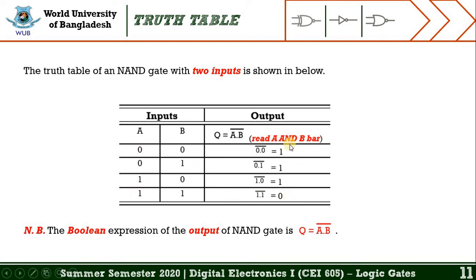When the two inputs are 0 0, we get 1, and if one of the inputs is 1 and the other is 0, we get 1. If both inputs are equal to 1, then we get 0. So let's move on to the next slide.